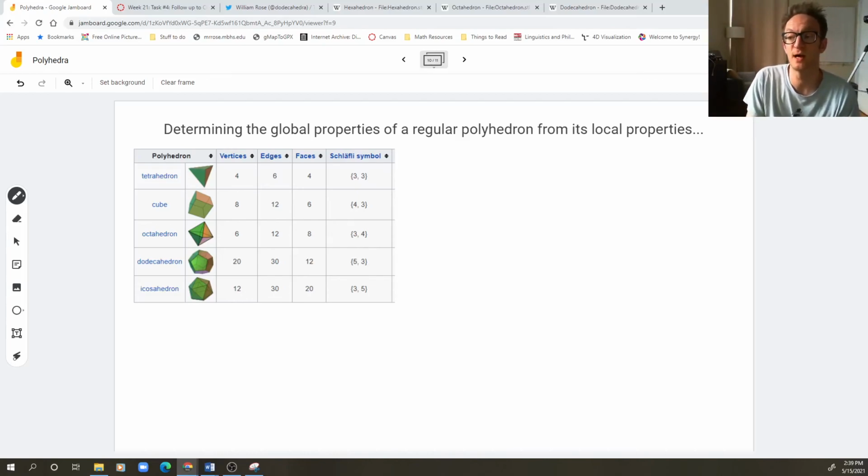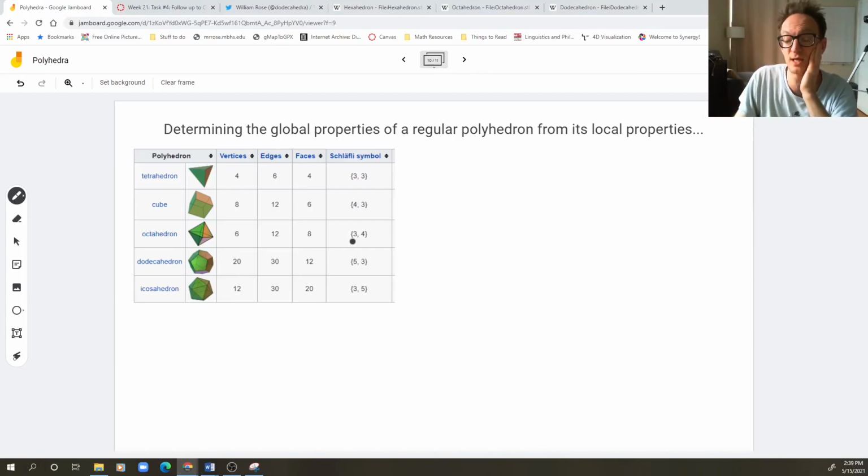Why? Because the first 3 refers to triangles, and the second 3 to the fact that 3 triangles meet at each vertex. Here, the cube is given Schlafli symbol 4, 3 because it's composed of squares, so a regular face with 4 sides, with 3 squares meeting at each vertex.